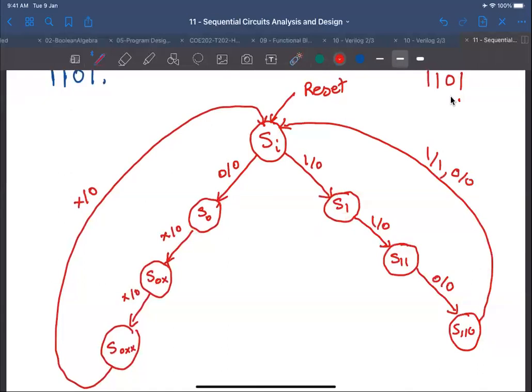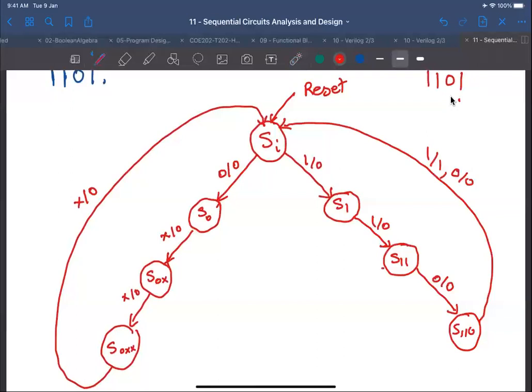Yes. Okay. Next, let's just backtrack from here to here now. And here, if I'm lucky, I'll receive a 0. However, if I receive a 1, then what happens? My sequence is ruined, right? Then I should go where? To the left side. Which state? S0XX.